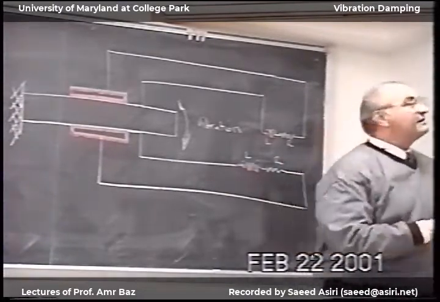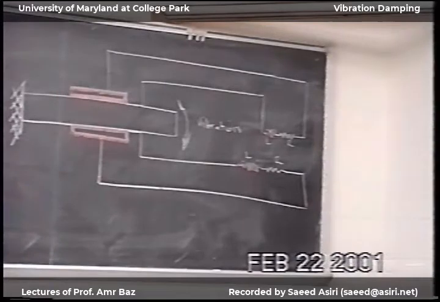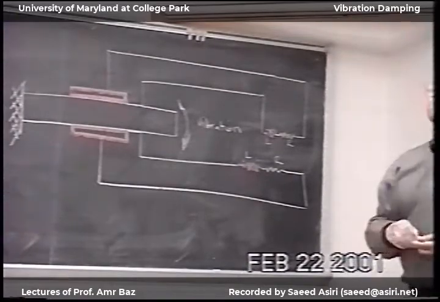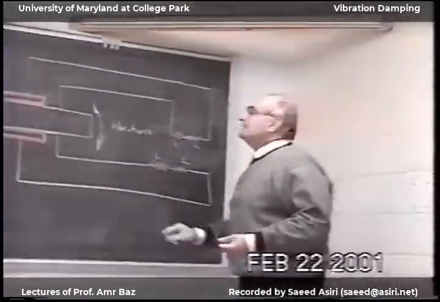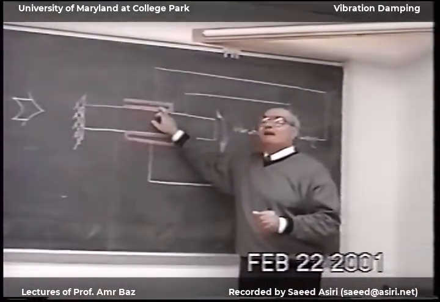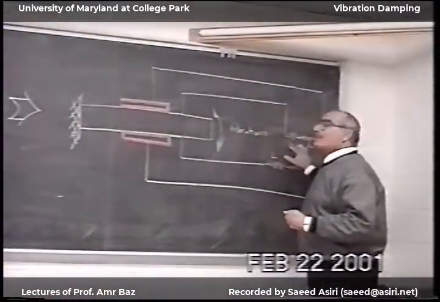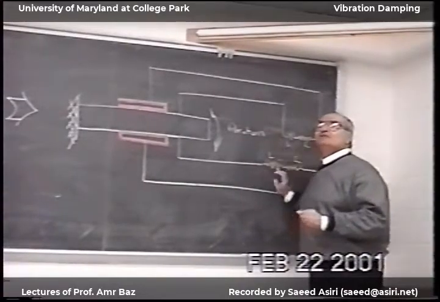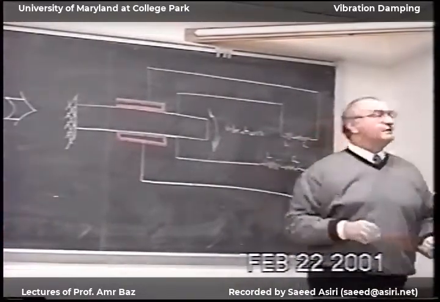So now we come here. You have mass, and then you have a damper. In a few minutes we'll show that this piezoelectric material has capacitance. And again, from physics, if I have capacitance, this is equivalent to a spring or a stiffness.